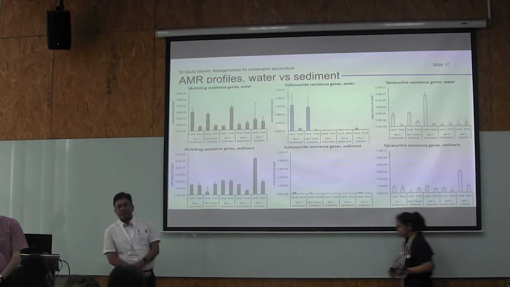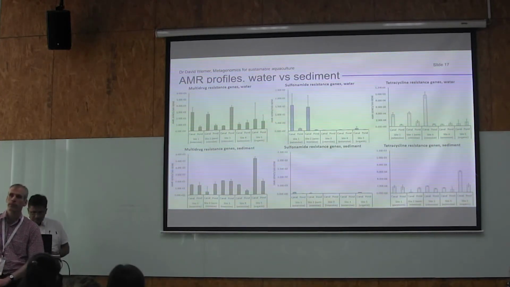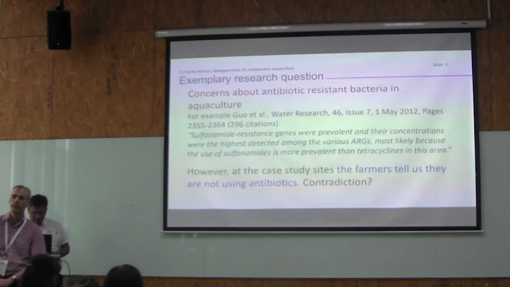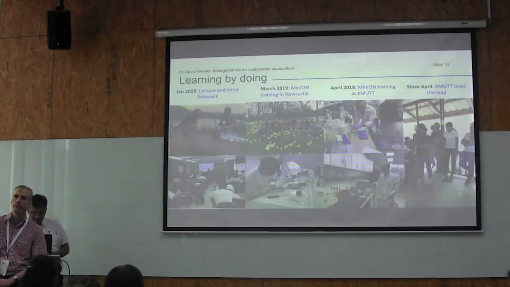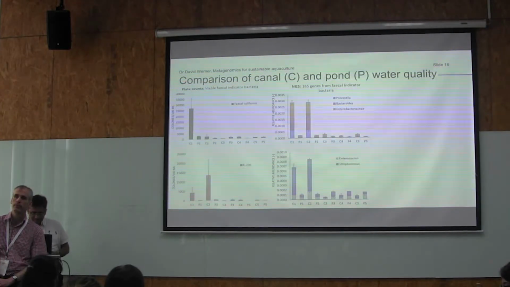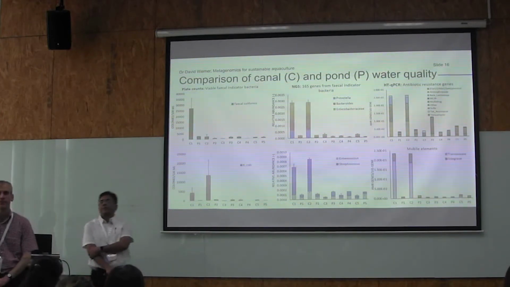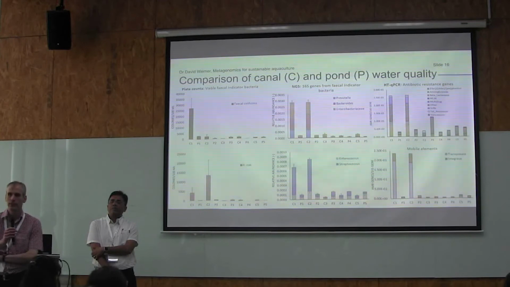First, did you measure any concentration of antibiotics in the canal and in the pond? The second question is, do you think there is any impact of disinfection in the pond? Farmers frequently use disinfection chemicals in the pond. So do you think that it can explain why there's no resistance in the pond?